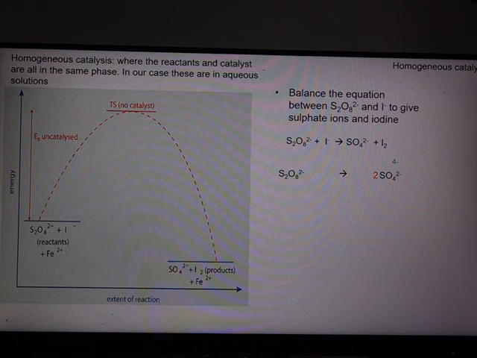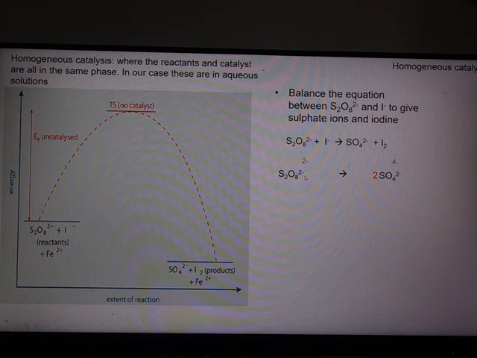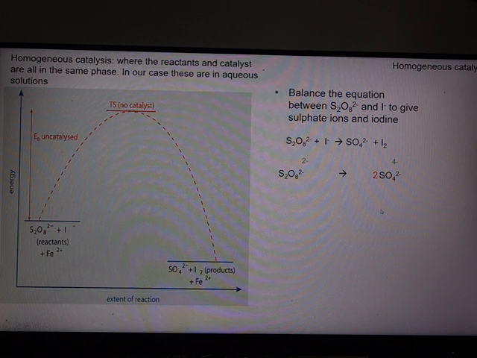Here you've got 2-, and over here you've got 4-. So you need to add 2 electrons on this side. And then they're both 4-. So that half equation is now balanced.